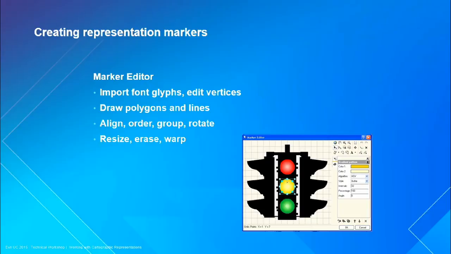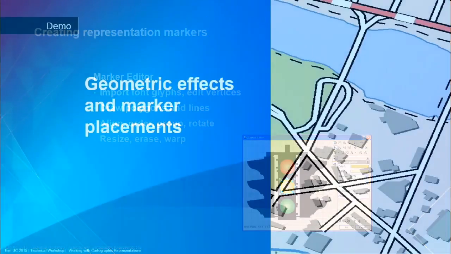And then you get the geometry right then and there, and then you can manipulate it, explode it apart the way he did, change the colors. So all of the aspects of representation editing that we'll go through in the final section are available for these representation markers in this marker editor. So it's kind of like a little mini graphics package right inside ArcMap to help you build symbols.